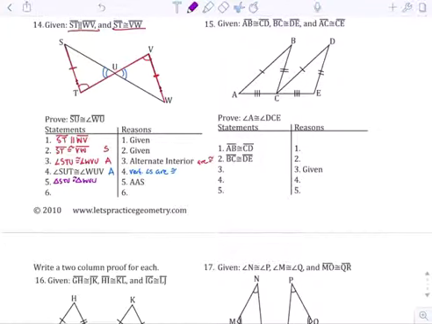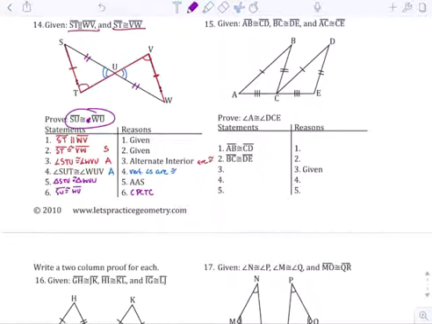And then finally, to prove that SU is congruent to WU, well, we have triangles congruent to one another, so SU is congruent to WU by CPCTC.